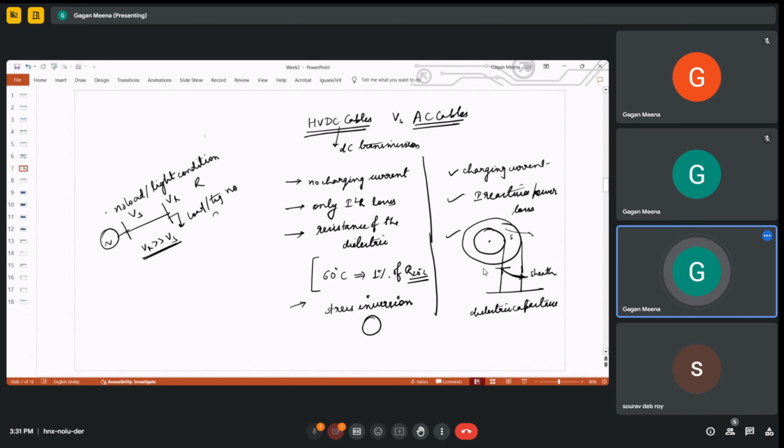So here the stress will be like this. It is minimum at the conductor surface and increases towards the sheath, and can be large at the sheath. This can lead to troubles at terminals and joints where longitudinal stresses are created.